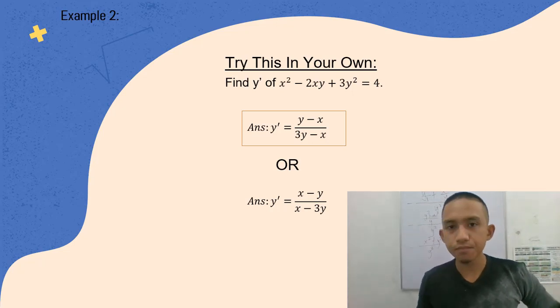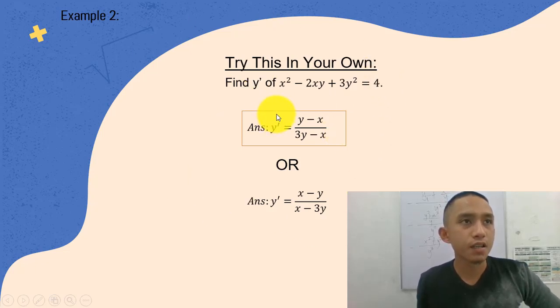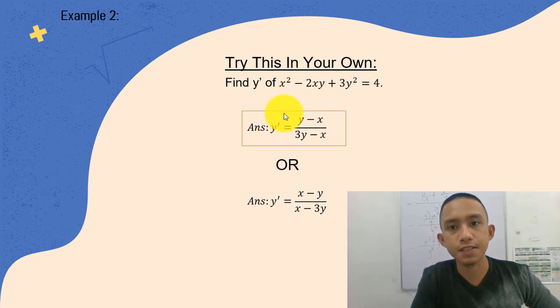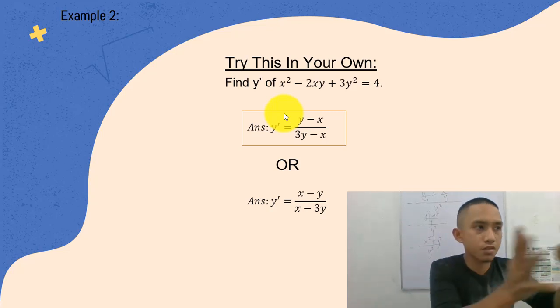Your exam is already approaching, so please practice. We will be having a seatwork, a quiz before the exam. So maybe this will be the cutoff of my discussion. Or maybe I will be adding more, but this is the main focus.